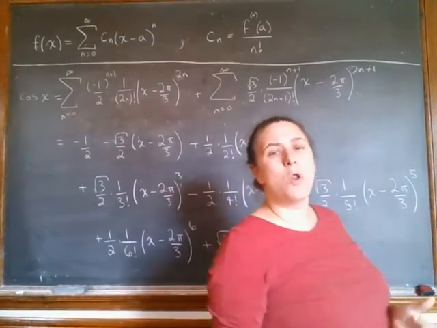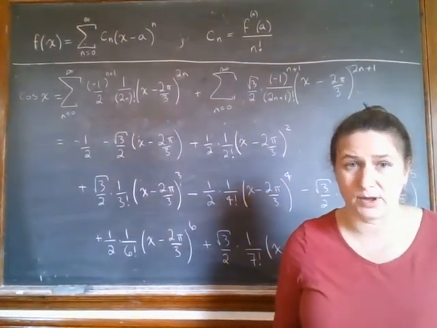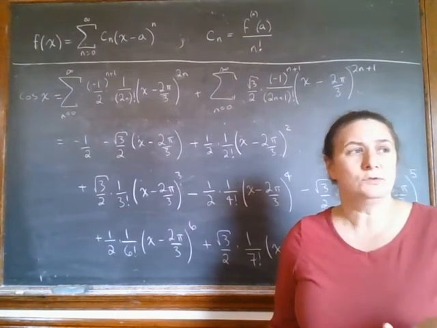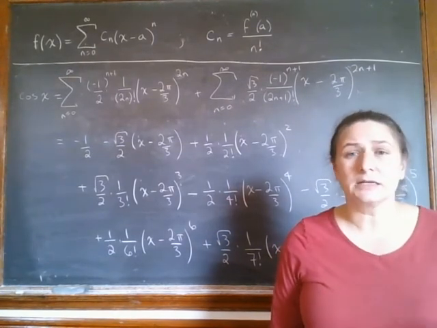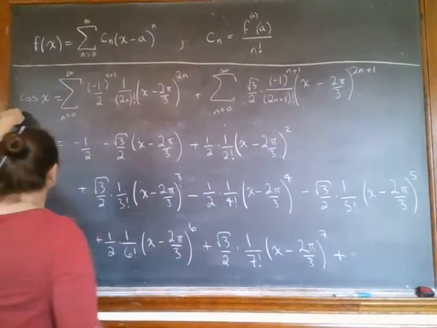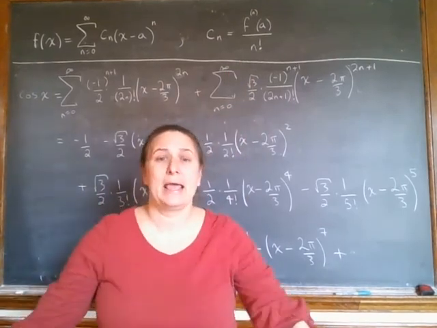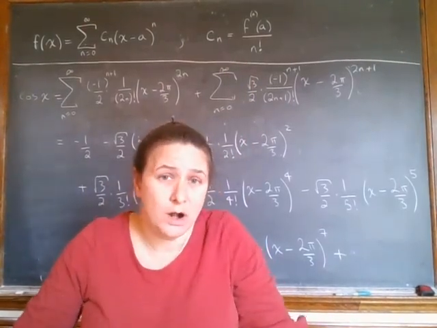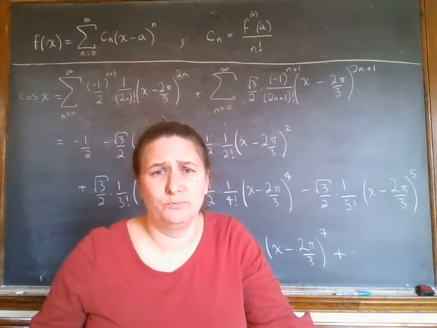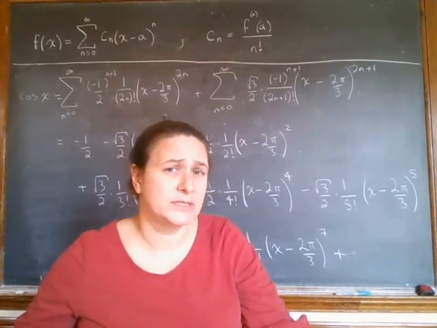You don't always have to split these up into the even ones and the odd ones. It's going to depend on both the function and the point. So if I did a equals pi/4, I would just end up with a bunch of √2/2's everywhere, so I wouldn't have to do even and odd ones separately.